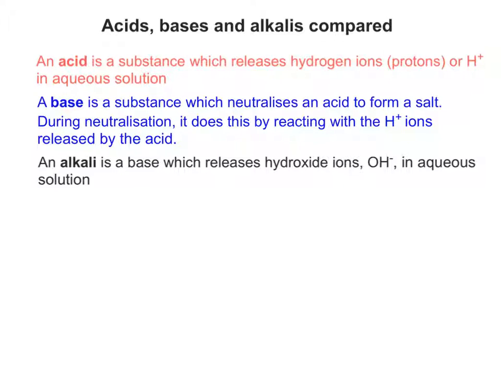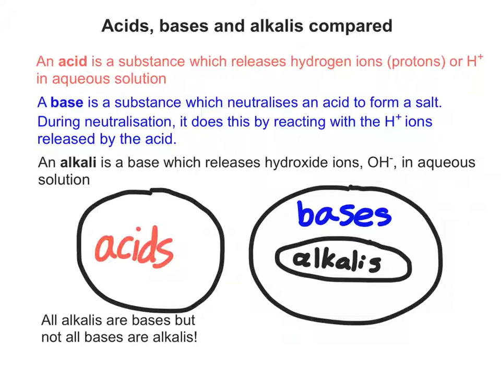So you also need to make sure that you are familiar and confident about the difference between an acid, a base, and an alkali. A common misconception that creeps in at this point sometimes is that people think that all bases must be alkalis. Not true. All alkalis are bases, but not all bases are alkalis.